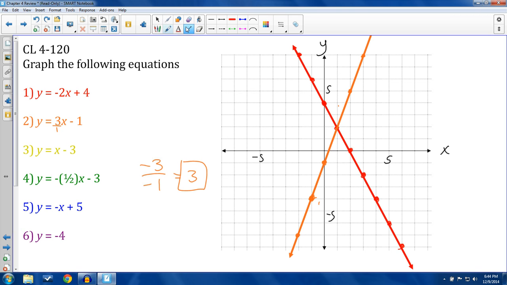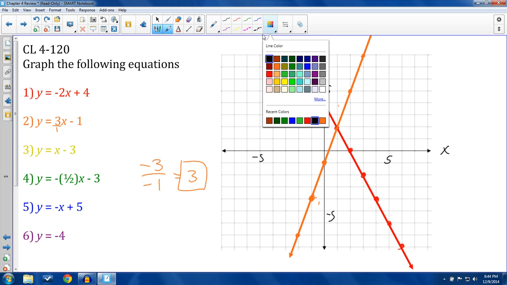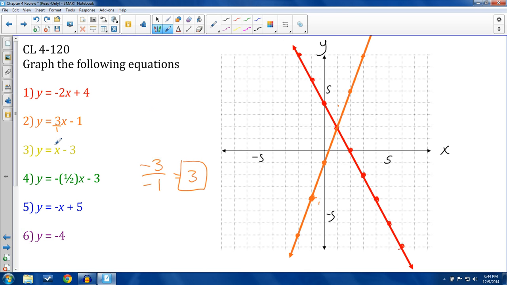Okay, yellow. I hope you can see this one. y equals x minus 3. Now, x is 1 over 1, so I rise 1, I run 1. So I start at negative 3. It's not a very good looking yellow.